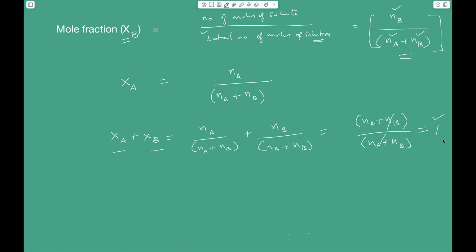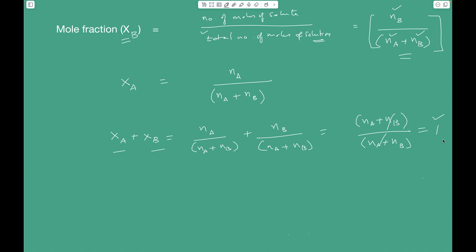Now, where is this concentration term mole fraction used? One example is it is used in case of a mixture of gases to calculate the partial pressure exerted by each gas in that mixture. To know the partial pressure of each gas, we need to know the mole fraction of that gas in that mixture of gases.